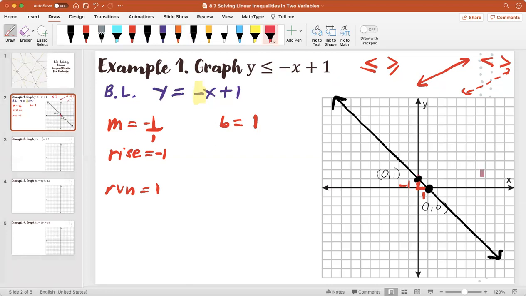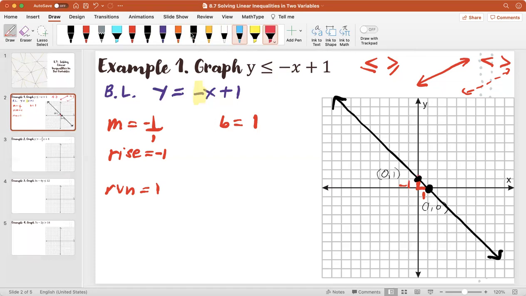So where could that be? In order to find which plane represents the solution set, we can do a test point. We can pick any point, right?